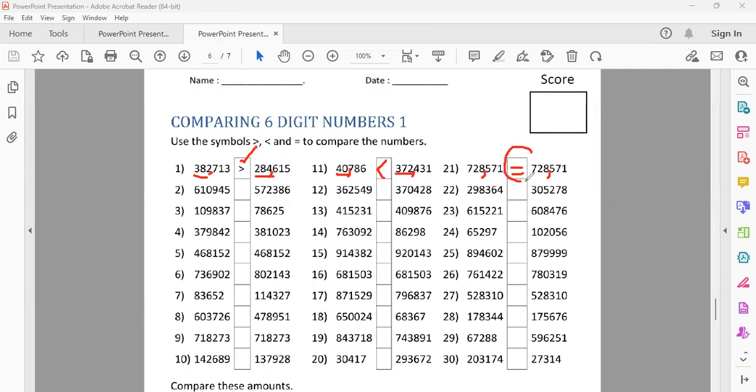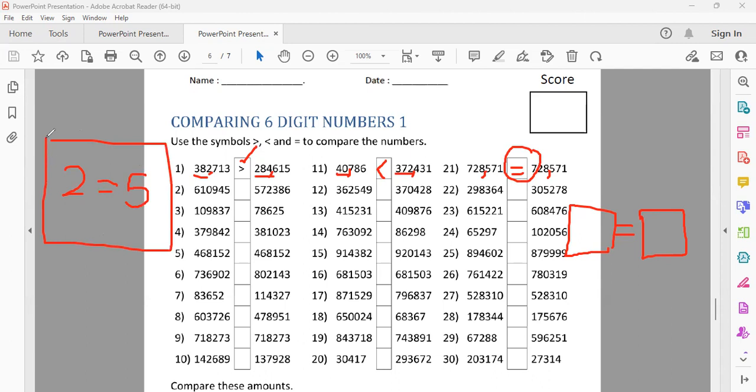Remember, this equal symbol is one of the most important things in maths. It shows you that whatever is on the left side of the symbol is the same as what's on the right. Now, if I wrote 2 equals 5, you will surely say, this is wrong, teacher. How can 2 equal 5?